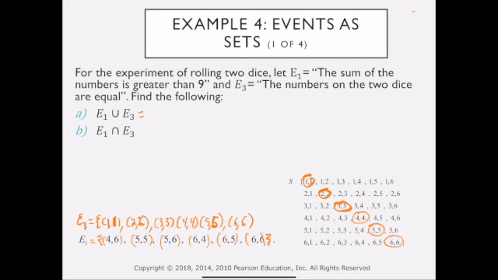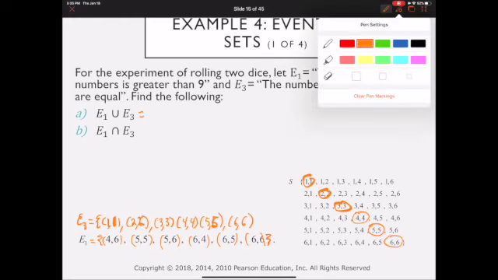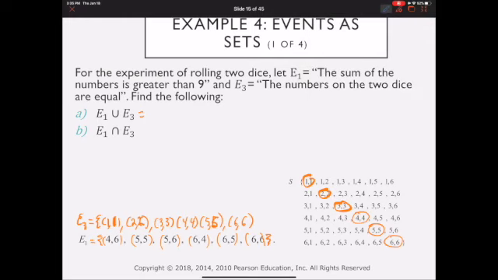I see that both of them have a (5,5), and both E3 and E1 have a (6,6). So this is their intersection, right? But the first thing I want to talk about is their union.